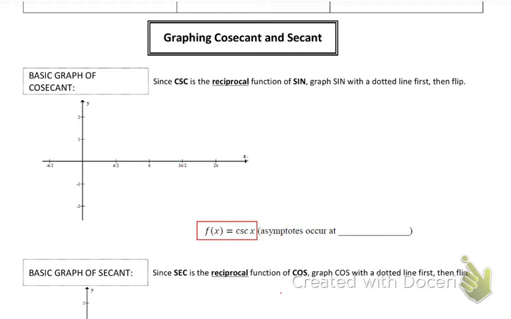So the basic graph of cosecant, first I graph sine. Now this won't be our finished graph, so I highly suggest you just do light dashed lines or don't even finish it. You should know at this stage that sine starts at 0, 0. It goes up to 1, goes back to the sinusoidal axis, goes back to -1, and then goes back to the sinusoidal axis.